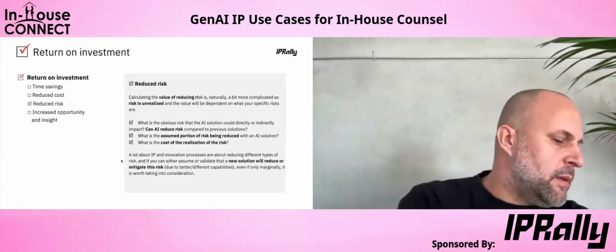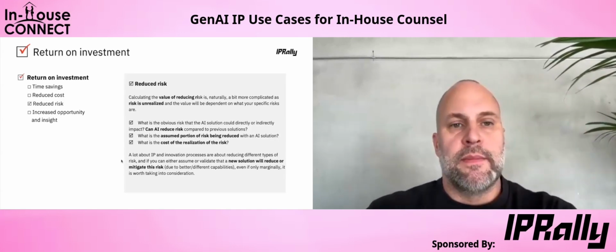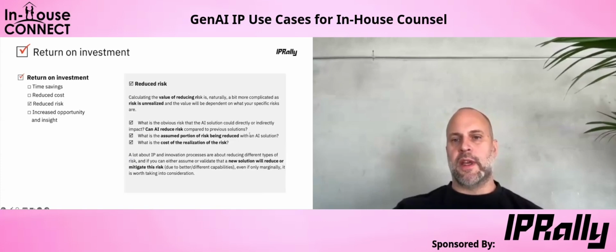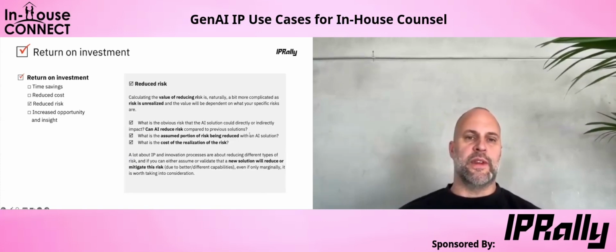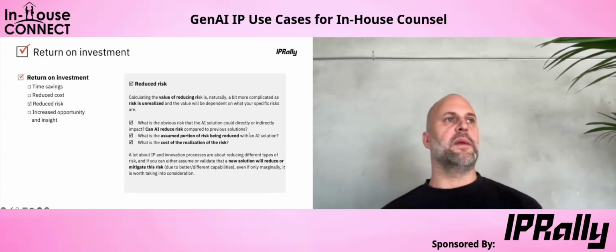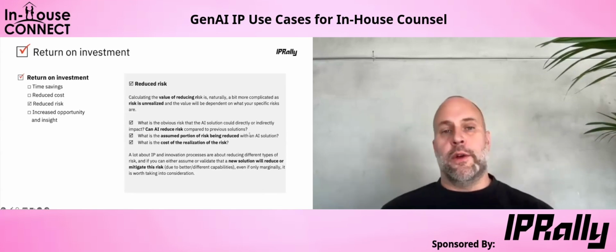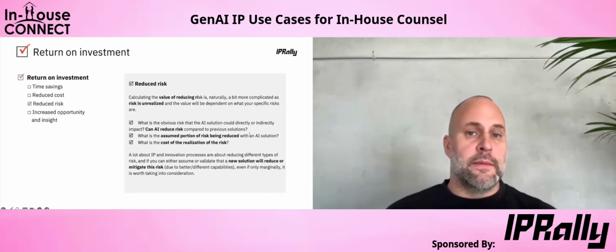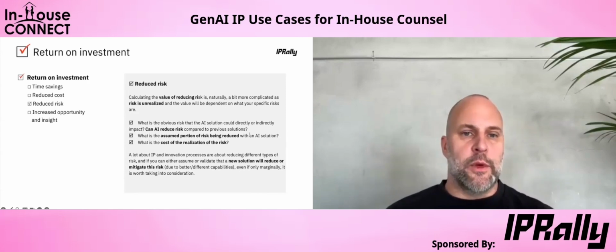Thirdly, looking at reduce risk quickly. This is, like I said, getting a little bit more complicated. And obviously what the risk is depends on what the solution is, and it depends on what it is that you're trying to solve. I think just assessing and trying to isolate what the obvious risk is that the AI can help reduce is really key.